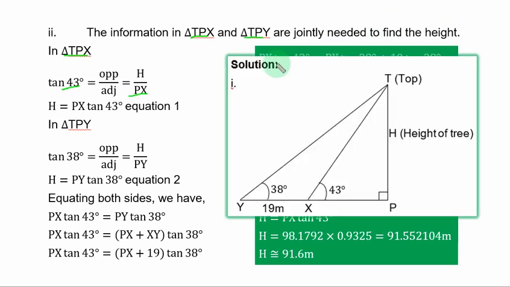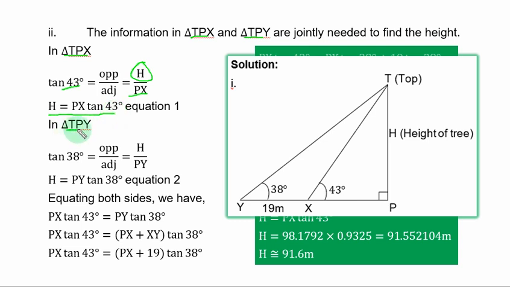So we are looking at triangle TPS. For this angle, you have opposite and adjacent, so you use tangent. So you have opposite as height, adjacent as PS. If you make the height the subject, you have this. So let's call this equation 1.